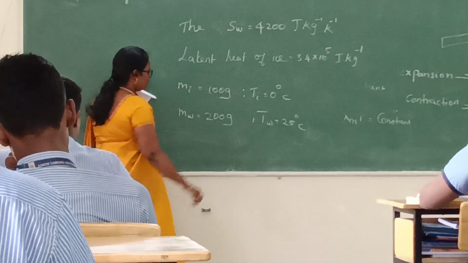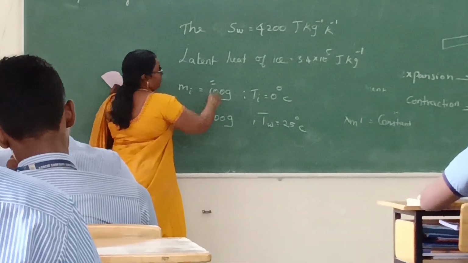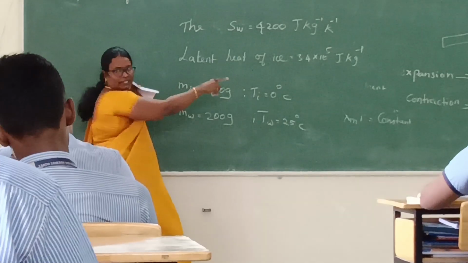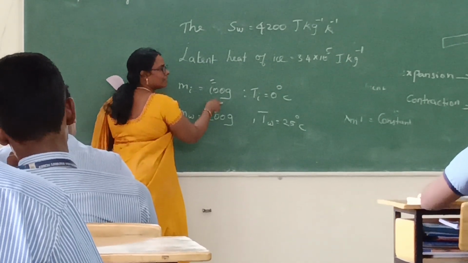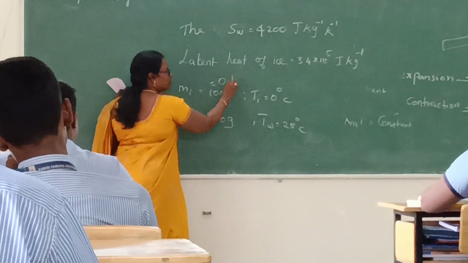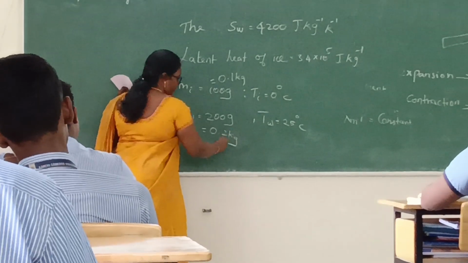We are changing this into kilogram because the other values are given in kilogram. 100 gram is equal to 0.1 kg, and this is equal to 0.2 kg.